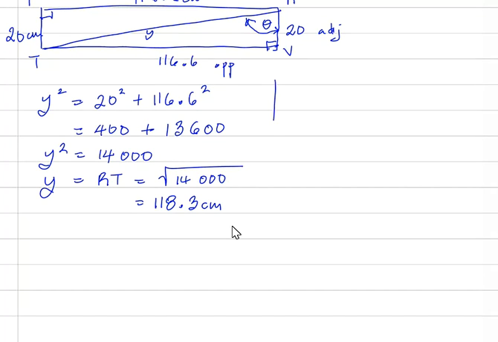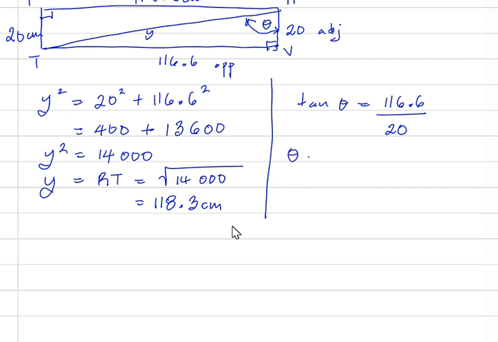So I can say that the tangent of theta is opposite, 116.6, over the adjacent side, which is 20. If I know the tangent of an angle, to find the angle, I'm going to use tan inverse.